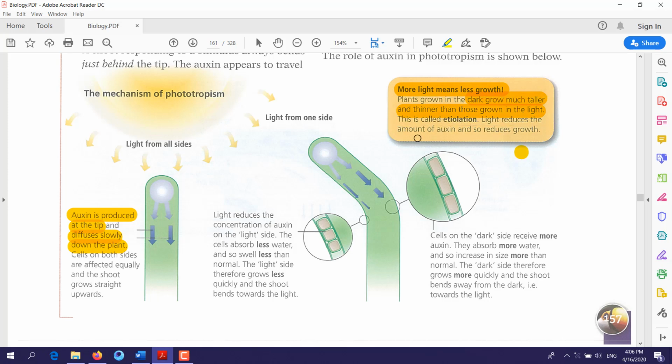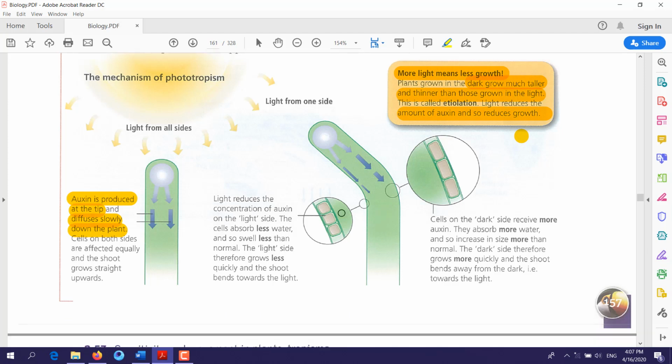Light reduces the amount of auxin and so reduces growth. In general, auxin is a hormone that affects the plant's growth, and its amount is affected by the amount of light. More light, less auxin. Because of this effect, the plants bend when growing.